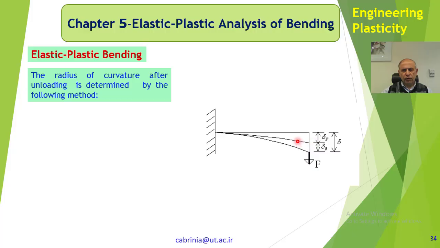If we could calculate the radius of curvature of this beam, and we also have the curvature when loaded, then the difference, which is delta E, is the spring back.